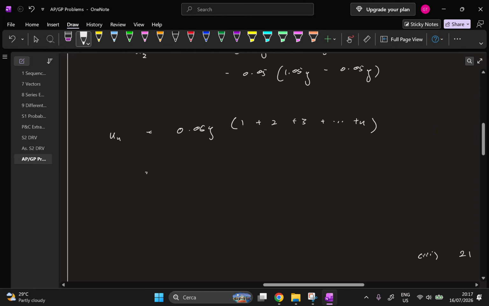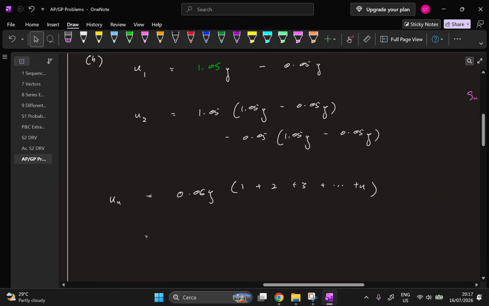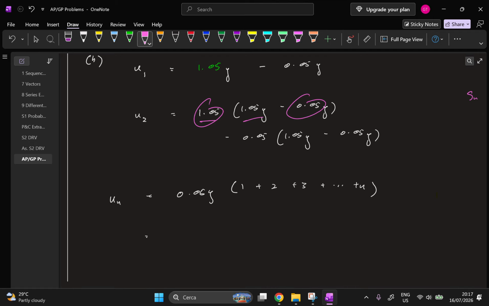And then, because, right, this is 1.05 times 1.05. This is 1.05 squared. This is 1.05 times minus 0.05. Then over here, again, I have a 1.05 times minus 0.05. Then over here, I have 0.05 times 0.05 will become 0.05 squared. So the two ones in the middle will cancel. The only thing I'm concerned about is the 1.05 squared here and the 0.05 squared here. Yeah, that's how I can factorize out the 0.05y.